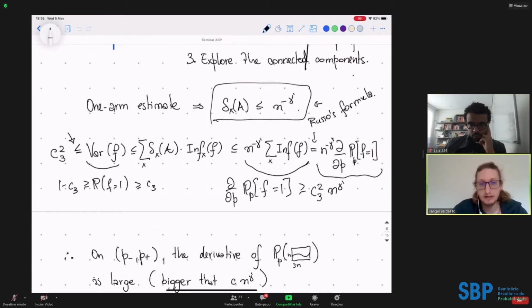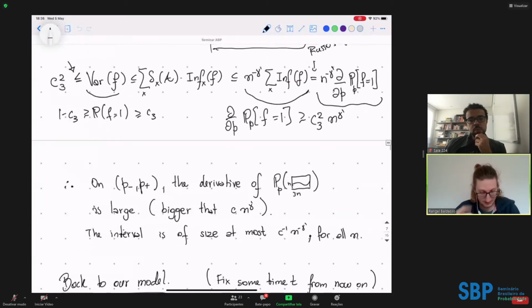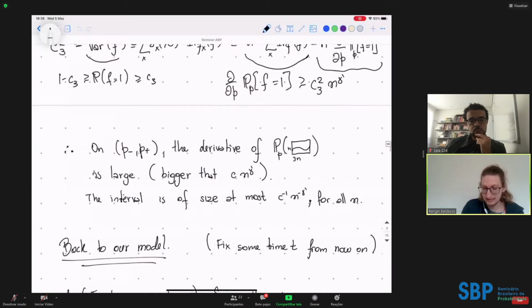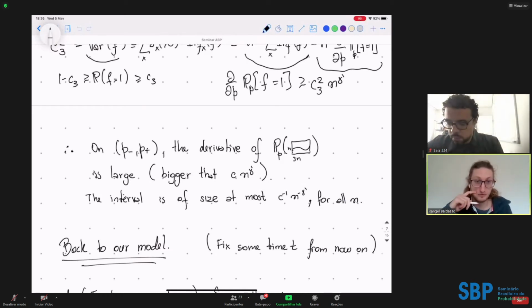So it grows polynomially, and since this function needs to be between 0 and 1 because it's a probability, this critical interval cannot be very big. Actually, it's of polynomial size in n, and that's written here. So this interval has size at most some constant times n to the minus gamma prime for all n. So just take n to infinity, and you get that p plus is equal to p minus. Okay.